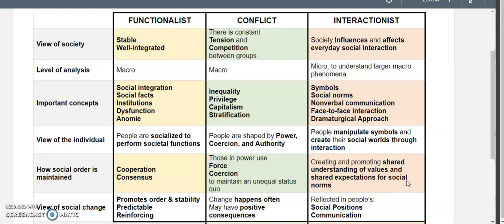So they have created it, but the problem is, as they hit this view of social change, it's reflected in people's social positions and their communication. So we have a pretty functional, collaborative, peaceful society until the liberators come in. And they use their social positions and they use their soapbox, their stage, in order to promote the idea through communication that the society as it is unequal, that it's not good enough, that the norms as they stand are not acceptable.